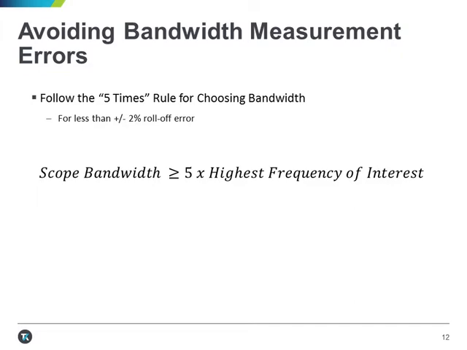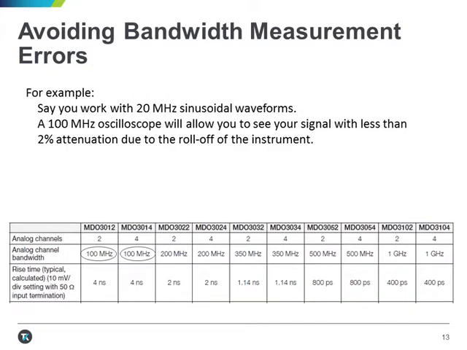By that, if you choose your scope to have 5 times the bandwidth of your signal, you should expect less than plus or minus 2% error due to roll-off. For example, if you're working with a 20 megahertz sinusoid, you'll want to choose a 100 megahertz oscilloscope to get accurate amplitudes. This slide shows how bandwidth is presented on a scope data sheet.